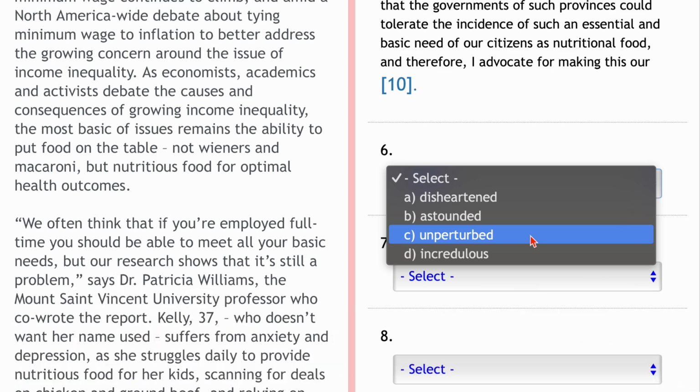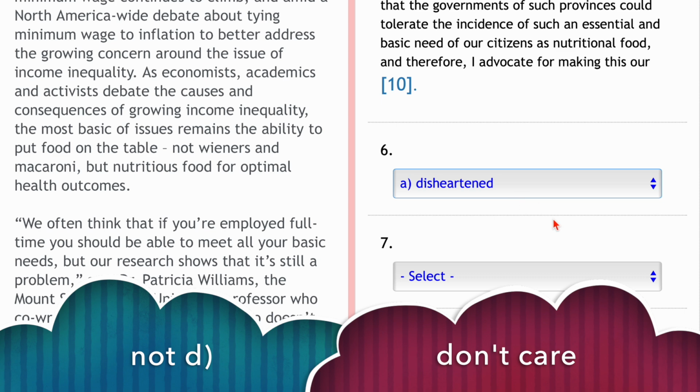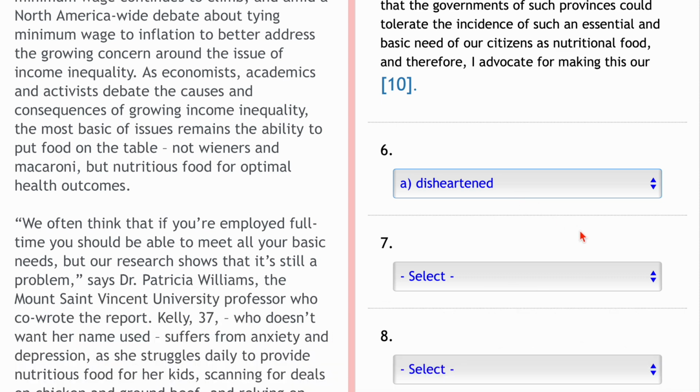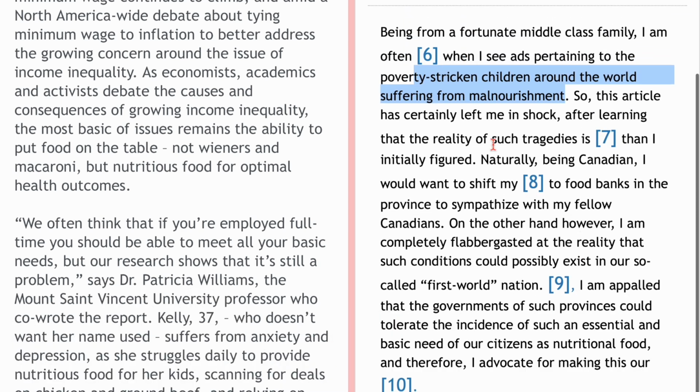I think most people feel some kind of sadness. Okay? Incredulous, don't care about it. So, disheartened, sadness. I'm disheartened. I feel sad. I feel bad, which is how most people feel when they see these images. Okay?